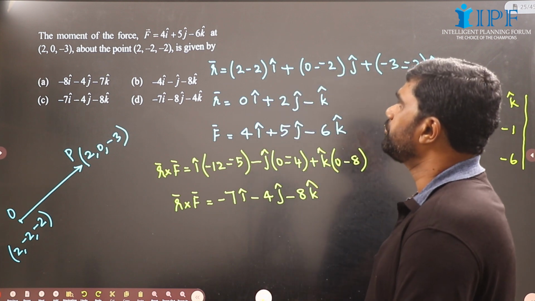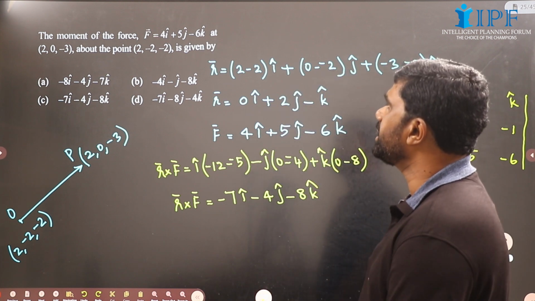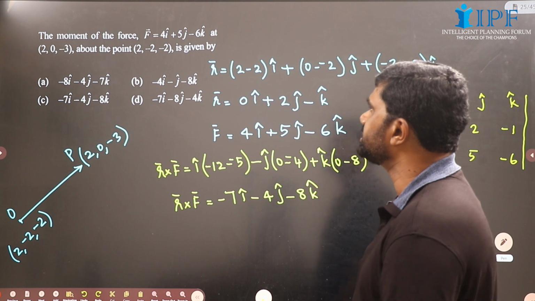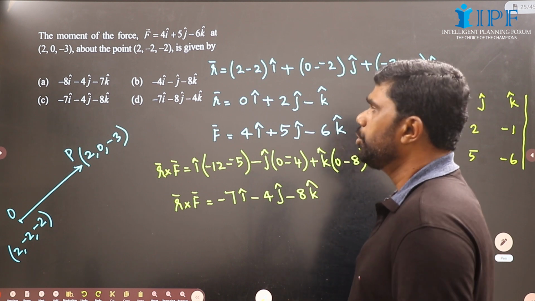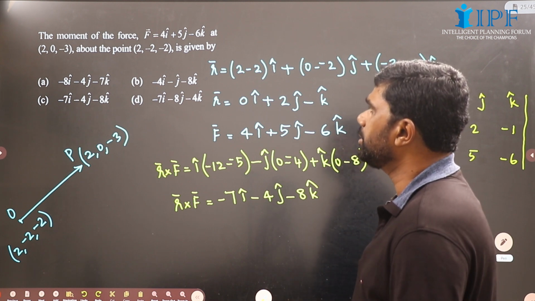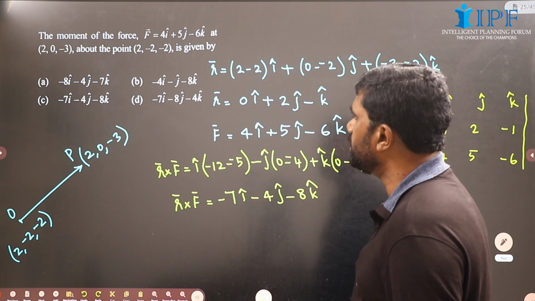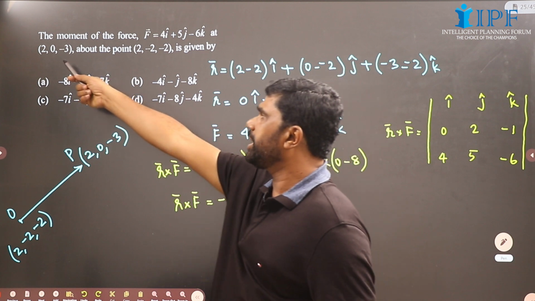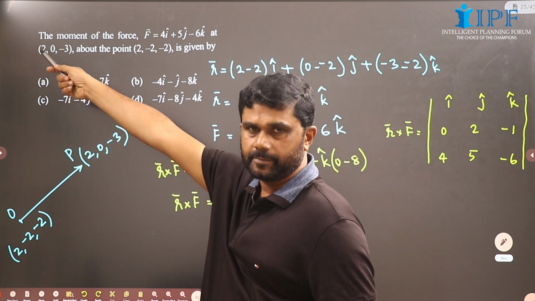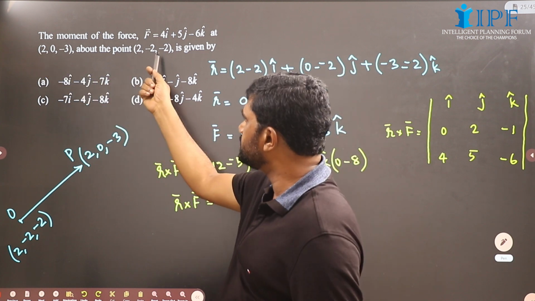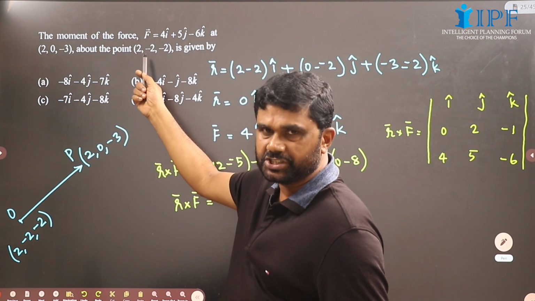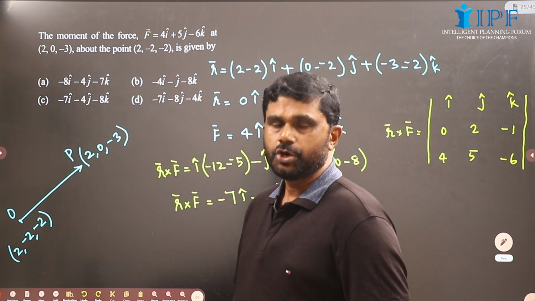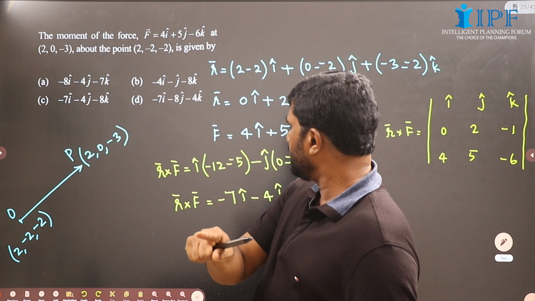The moment of the force F equal to 4i cap plus 5j cap minus 6k cap, acting at the point 2, 0, minus 3, about the point 2, minus 2, minus 2. So this is the location of the object, the position of the object, and this is the reference point, the point we have to choose as the origin, or the point about which we have to find the torque.